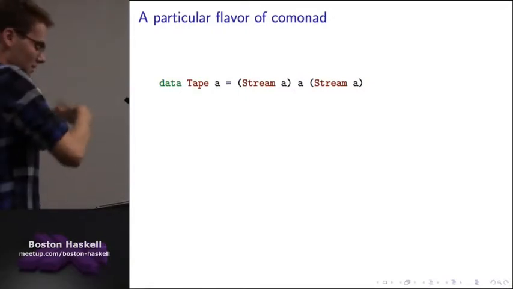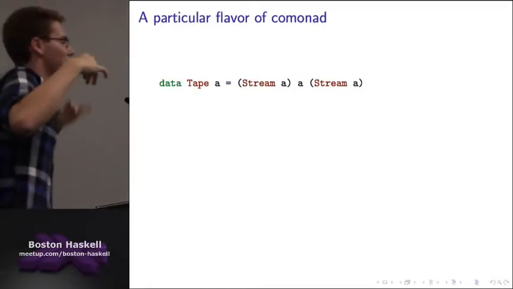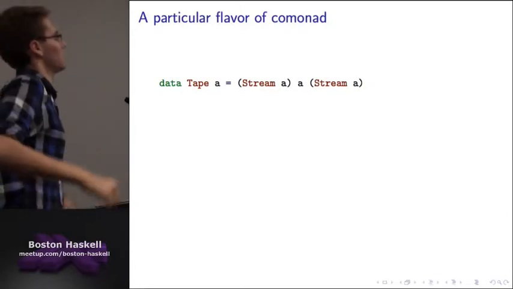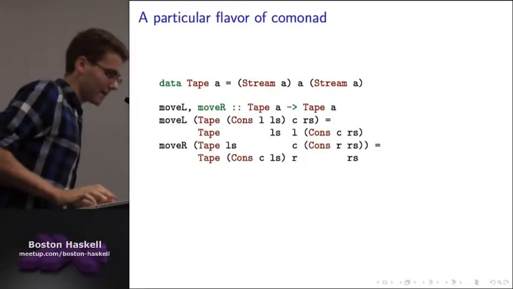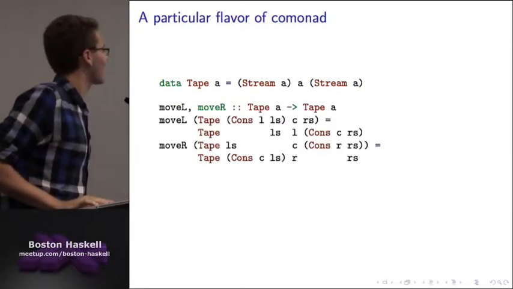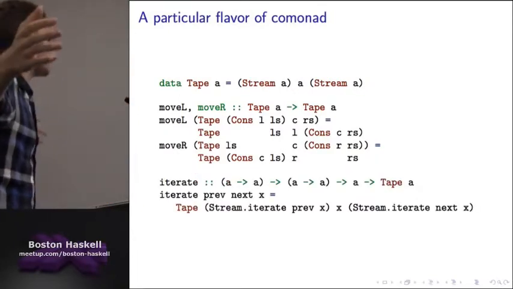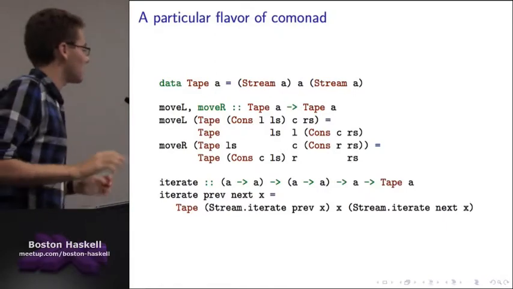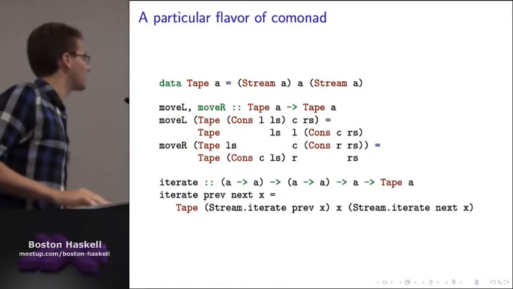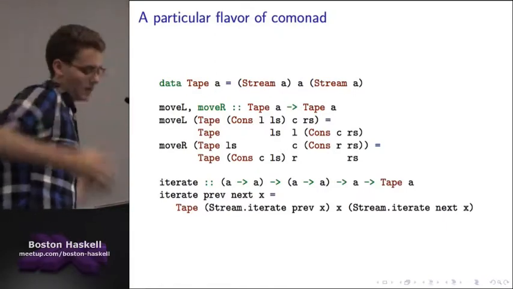So I can just slide the focus along this one-dimensional line of A's. And that's what this is talking about. And I can generate one of these objects just by using the iterate function from streams to unfold into a big tape.